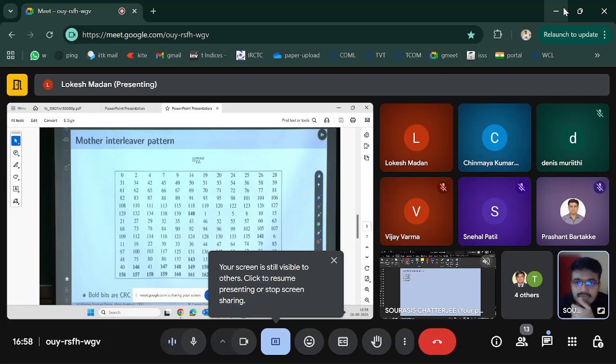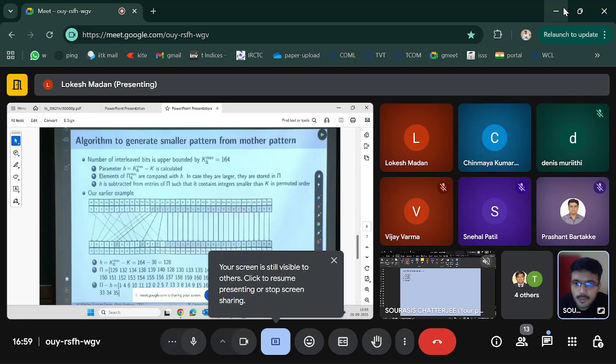So essentially what is happening, let's say you have a 50 bit sequence and your mother interleaver pattern has a length of 164. First you will calculate 164 minus 50, which comes out to be 114. Then you will subtract the number 114 from every element of this 164 length sequence, and you will pick only the positive numbers.